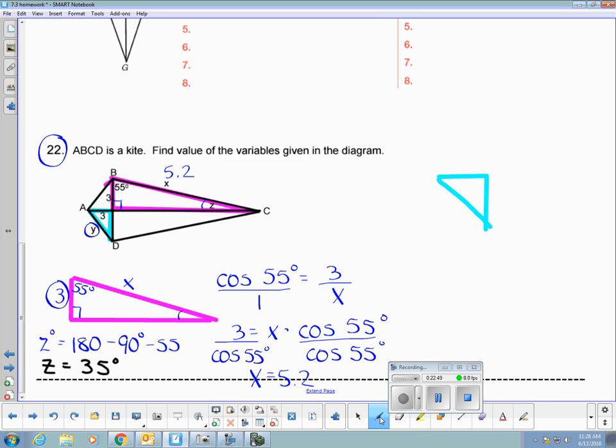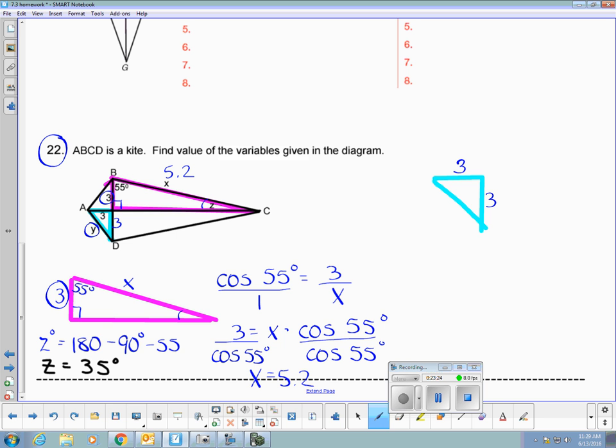And in this triangle, I know that this side is 3, and I also know that this side is 3. And here's why I know that. In a kite, this diagonal gets bisected. So if this segment from here to here is 3, this segment is also 3. So diagonal BD is bisected by segment AC.